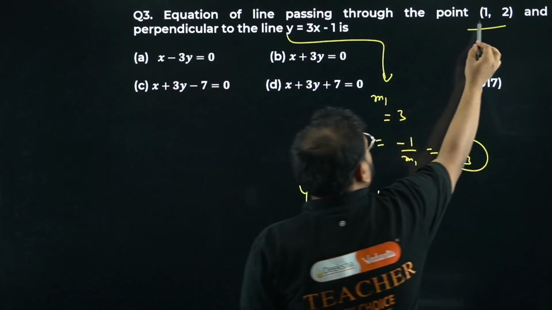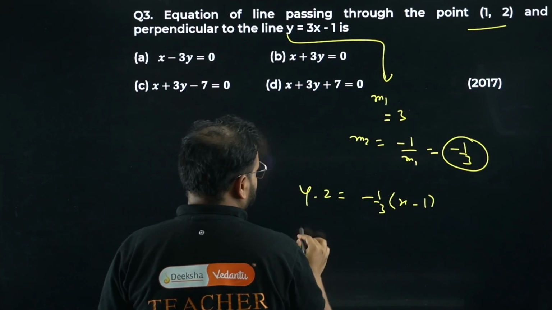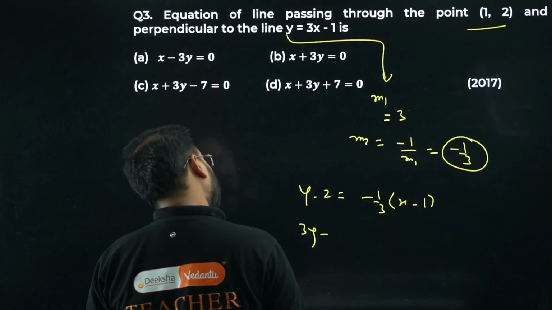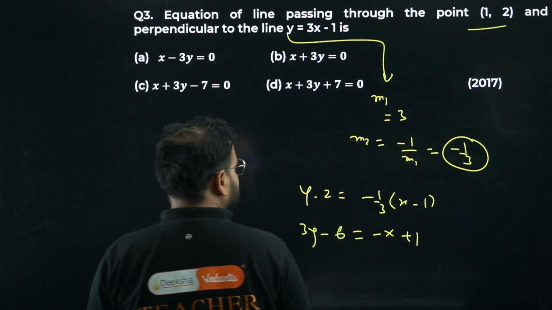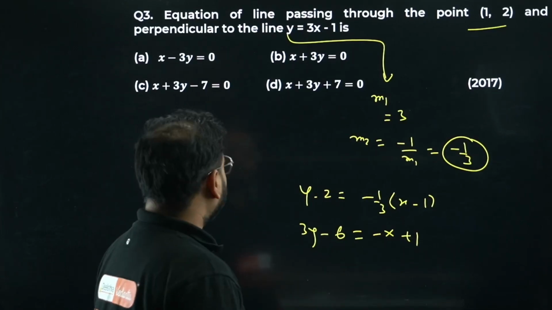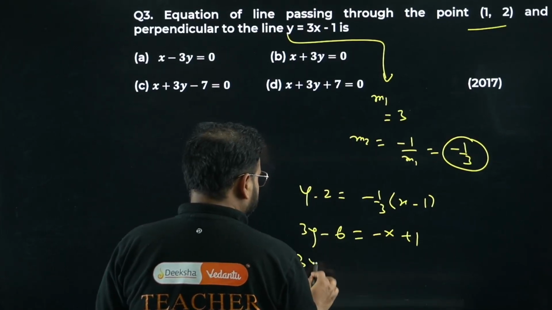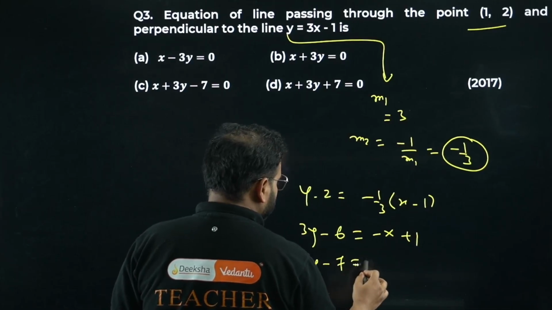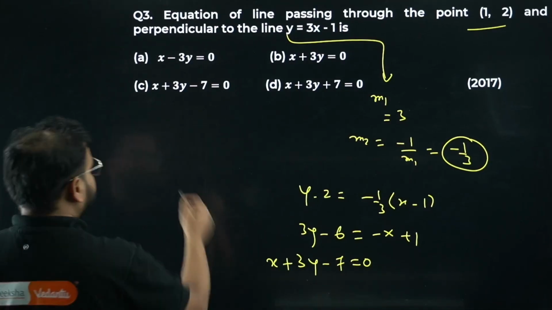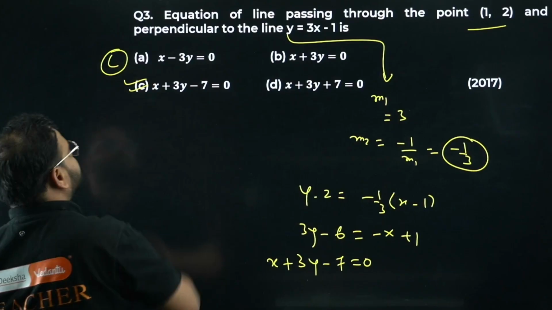Cross multiply, you get 3y minus 6 equals minus x plus 1. Bring everything to this side, so I get x plus 3y minus 7 equals 0. C is correct.